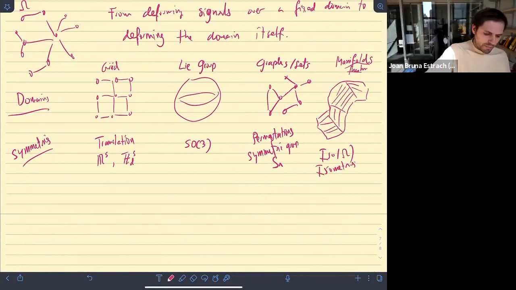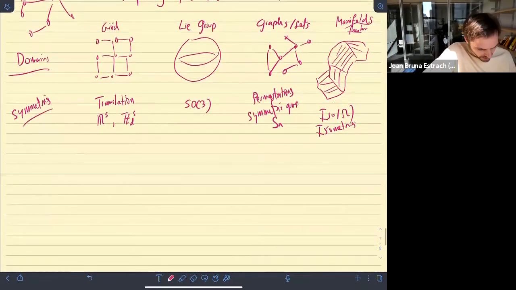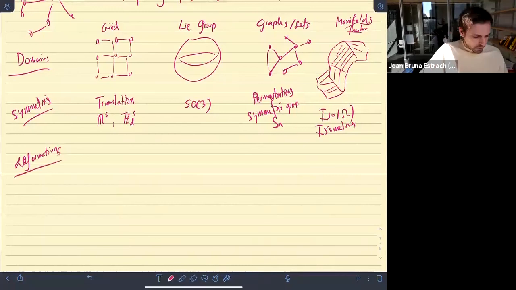So, the same way that we have the symmetries, there's another key ingredient, which is the neighborhood of the symmetries: what is the deformation structure? Here, the right notion of deformation is to deform the signals. We can deform the signals by a diffeomorphism.